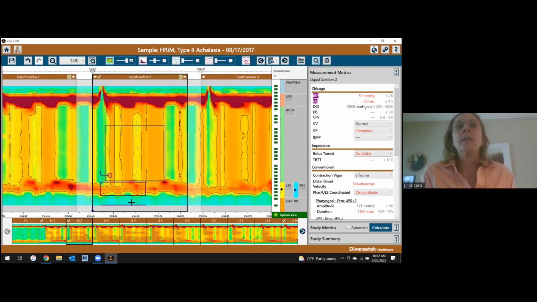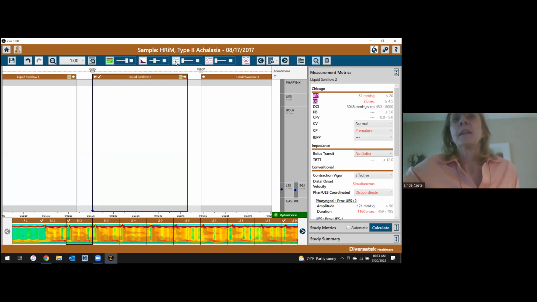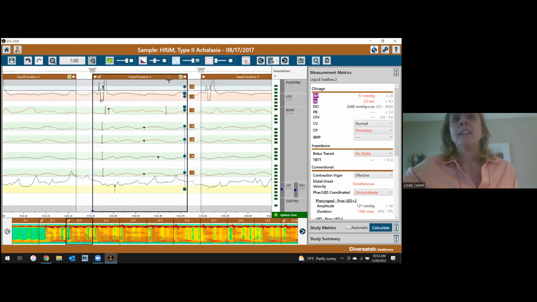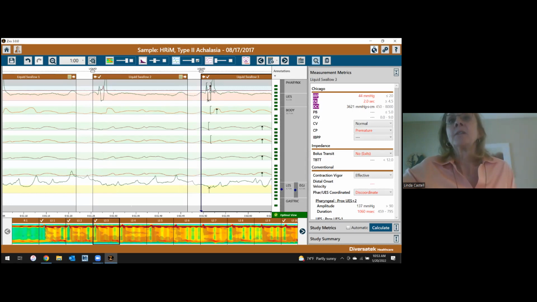I think it is on patients who have globus sensation or neurological conditions like Parkinson's disease or myasthenia gravis, but mostly for patients with globus sensation, because I want to make sure there's good coordination and that the UES isn't too hypertensive.